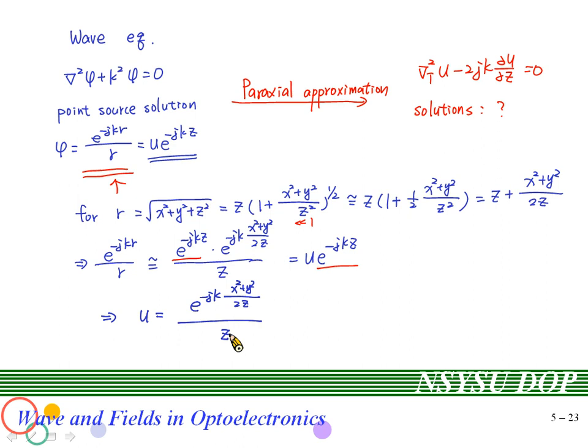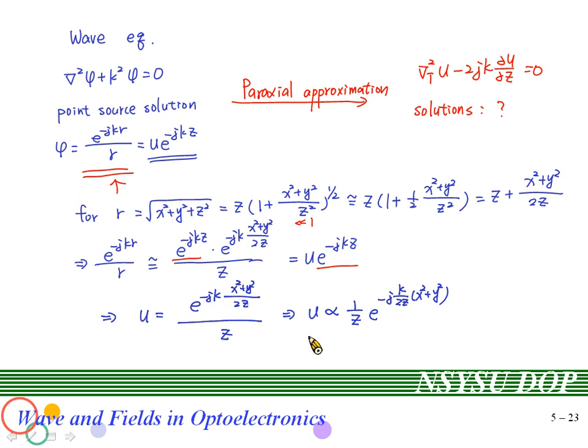Which can also be written as u being in proportion to the inverse of z times exponential minus jk over 2z times (x squared plus y squared).